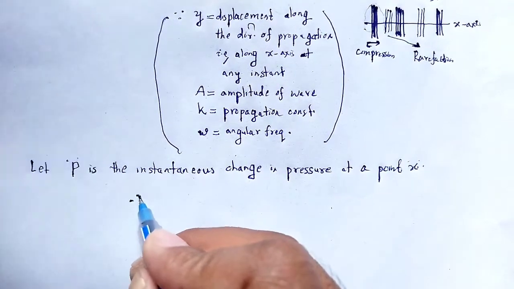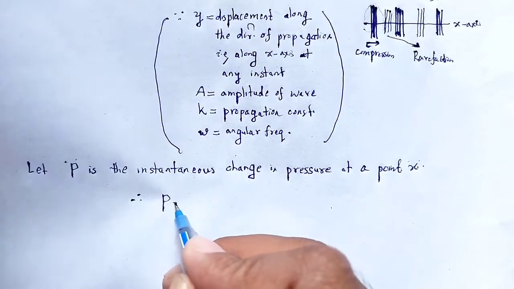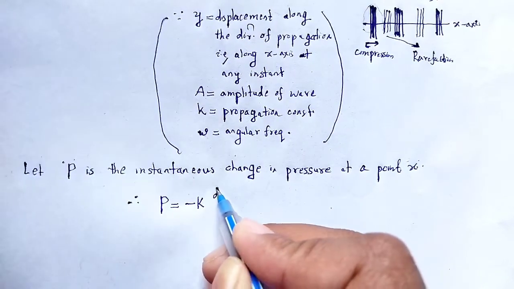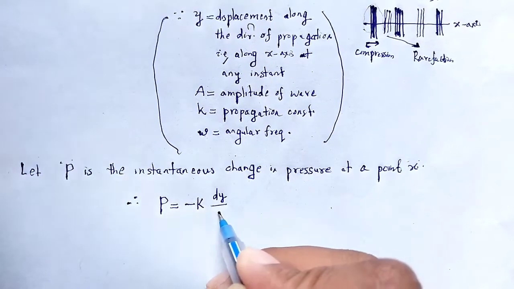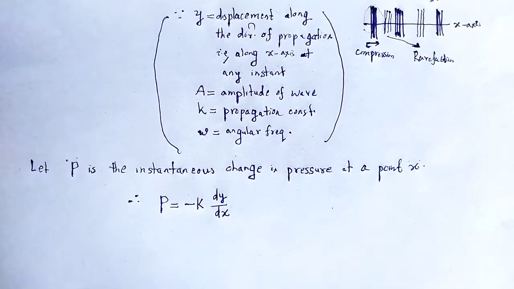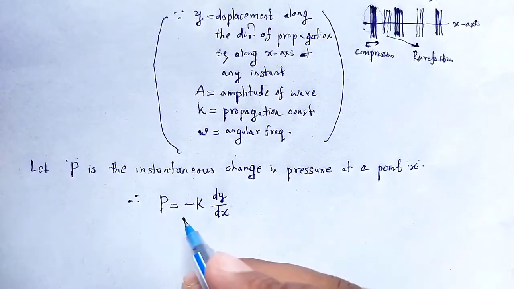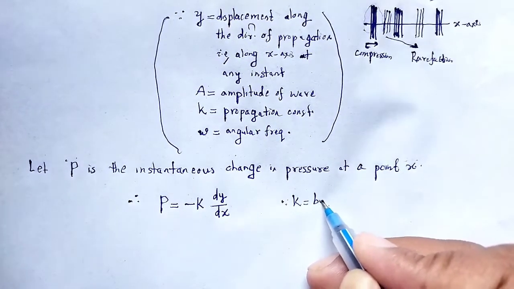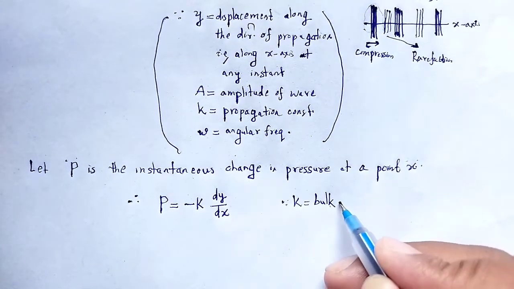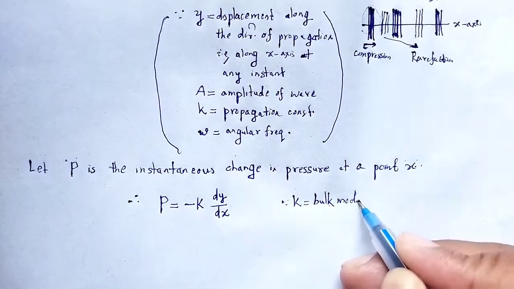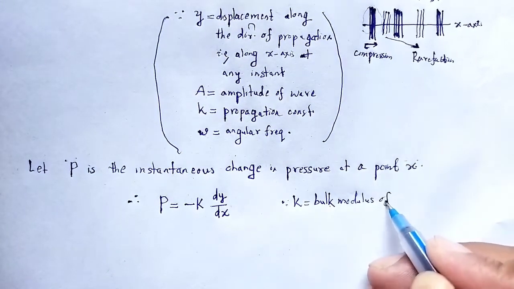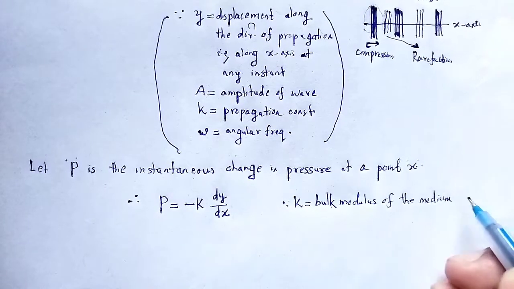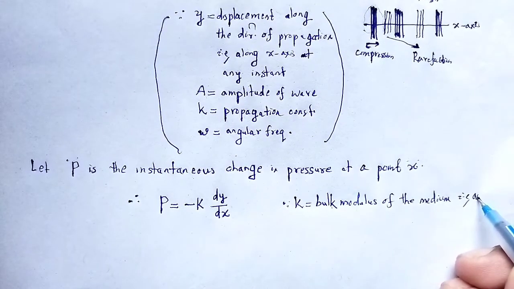Therefore, the pressure P is equal to minus K dy by dx, where K is equal to the bulk modulus of the medium. Here the medium is air.